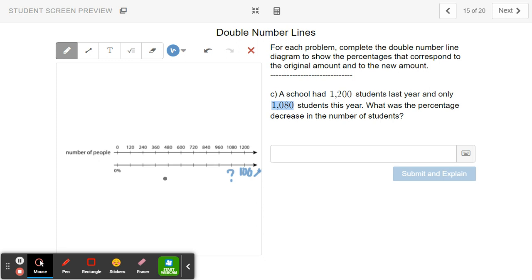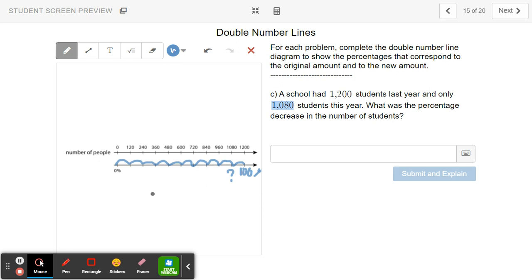Okay. So here's what I know. It starts at 0, it ends at 100, right? So let's figure out how many jumps total there are. I always start at 0. There's 1, 2, 3, 4, 5, 6, 7, 8, 9, 10. All right. So there's 10 jumps.